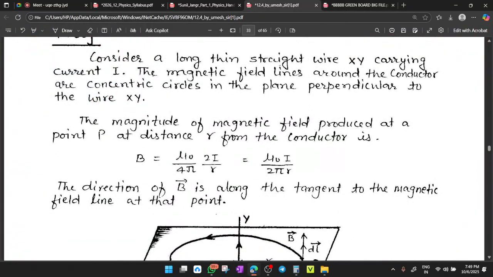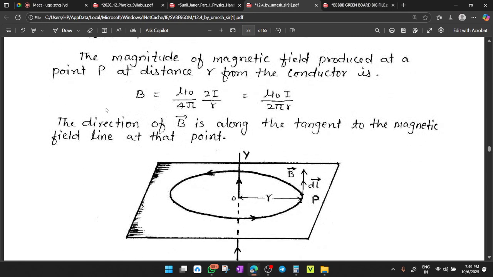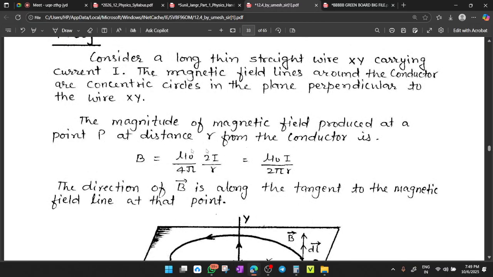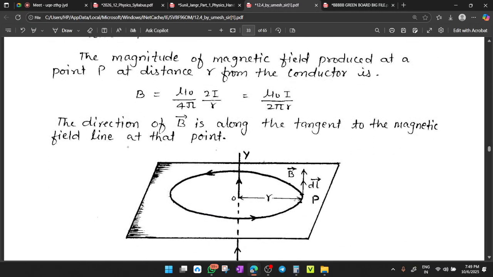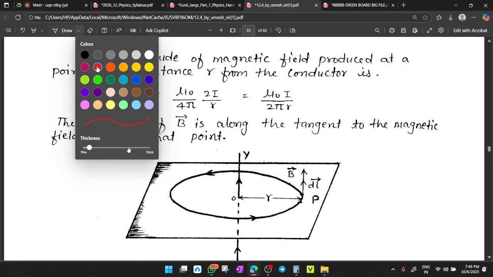Proof. Consider a long thin straight wire XY carrying a current I. The magnetic field lines around the conductor are concentric circles in the plane perpendicular to the wire XY. So here we consider the magnetic field produced at point P, any point P on the Amperian loop passing through this.